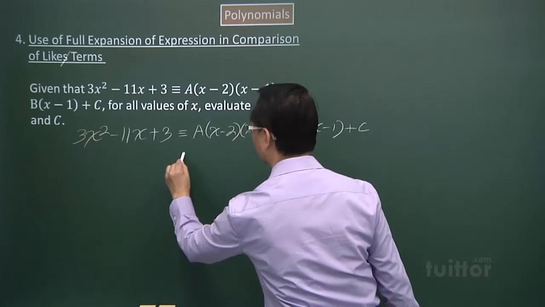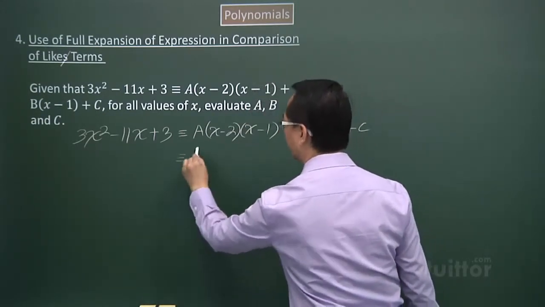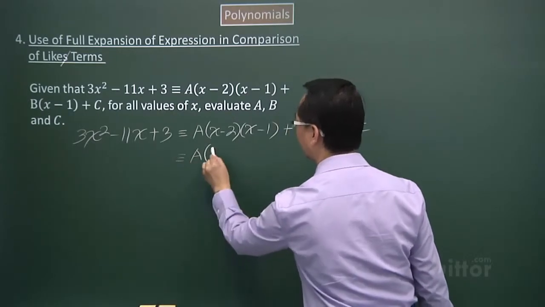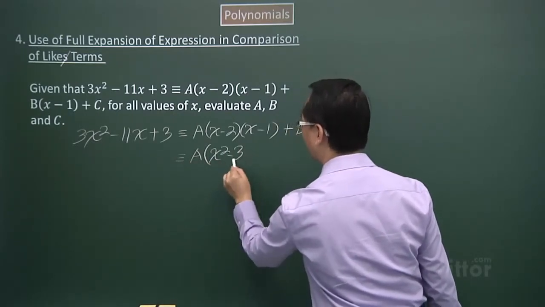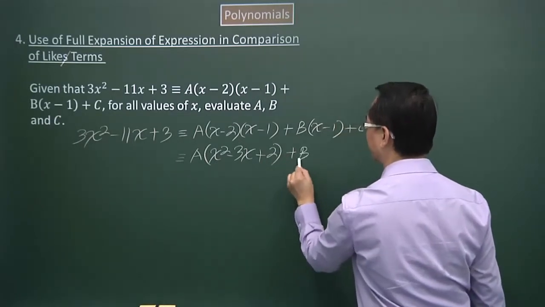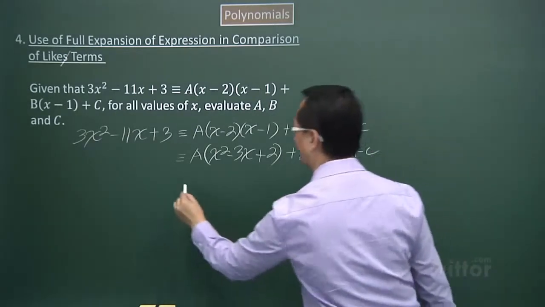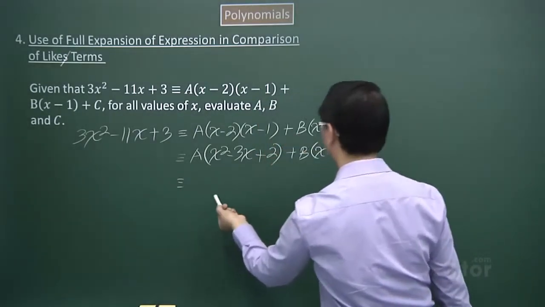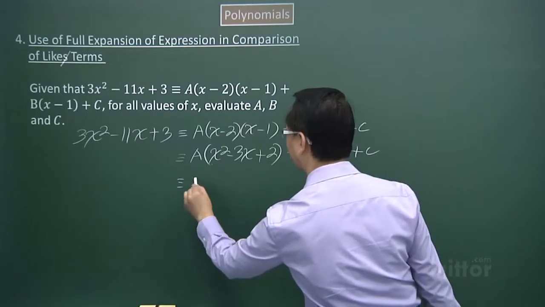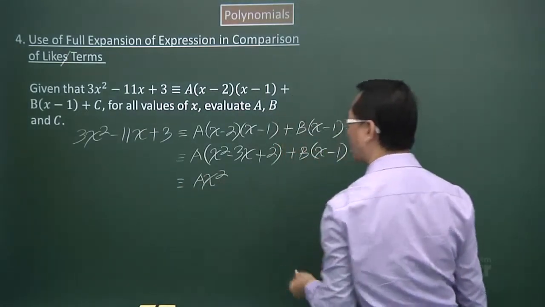So what I need to do is to expand this. I have a times x squared minus 3x plus 2. So next is to group the like terms together. I only have one x squared term.